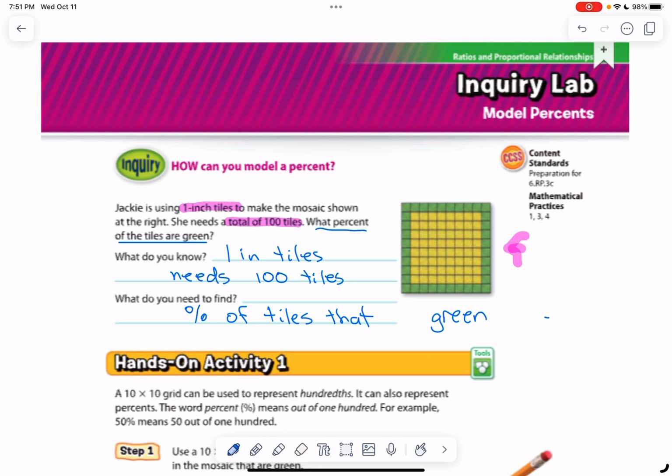I think what I will do is I'll say 10, 20. So if I used this one and this one, that means there's 8 right here, right? So 8 and then 2 from this side, that's 30, 32, 34, 36. So there's 36 green tiles around the perimeter of this 100 grid.